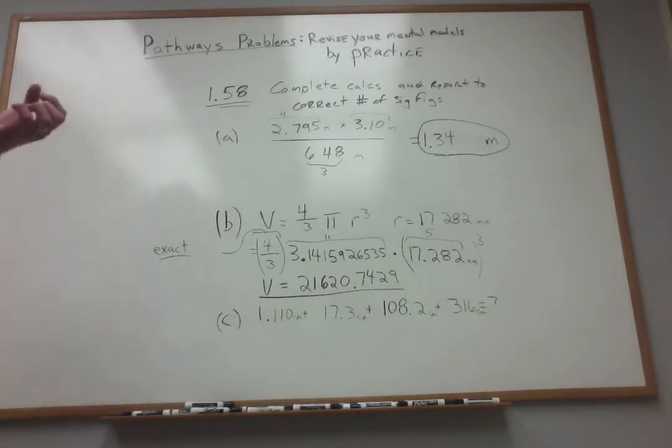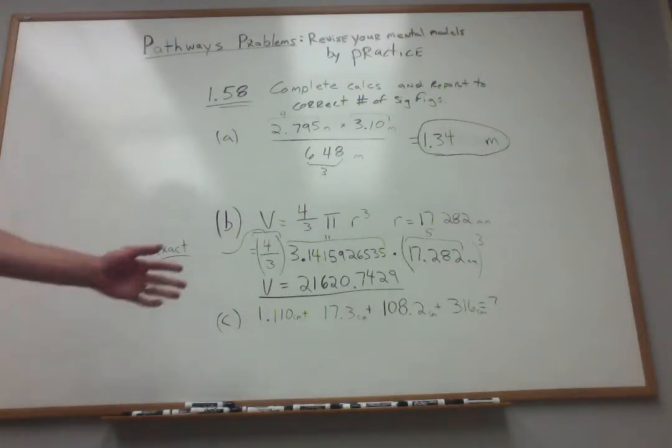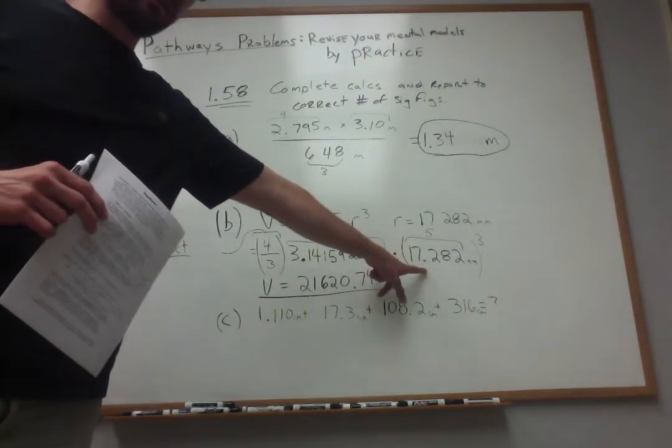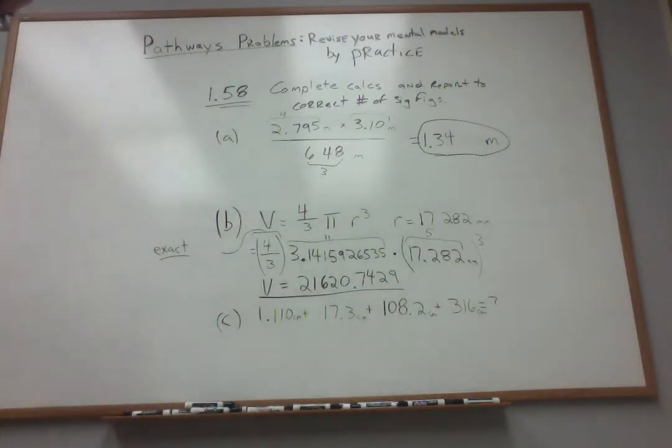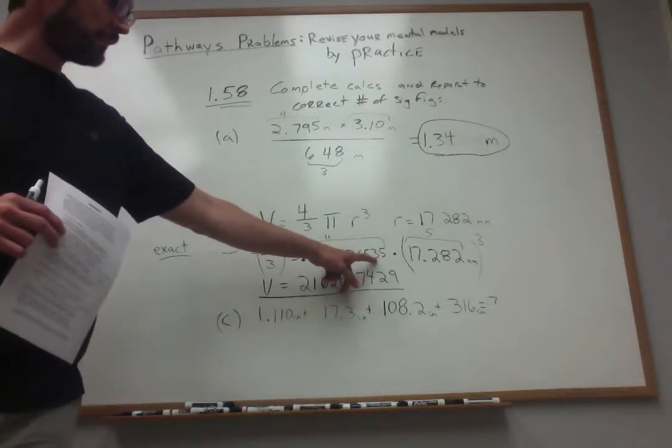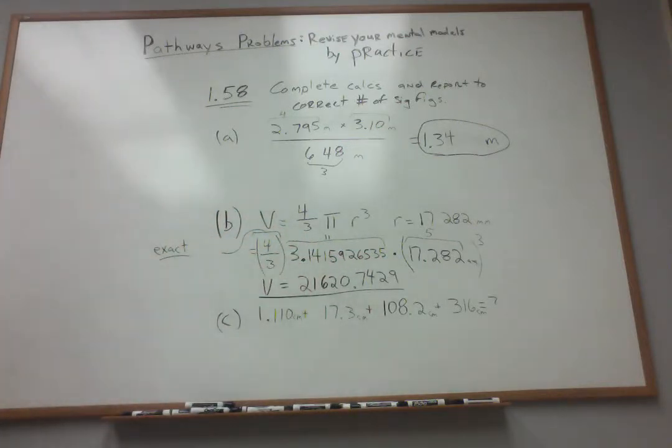It's an exact integer value. Because of that, they're considered to essentially have infinite sig figs. Okay, so that's not going to limit us. So what does limit us then is the 5 that's reflected in our measurement. Now, remember I took so much care to write out all these decimal digits here when I was working this problem before? Why did I do that?